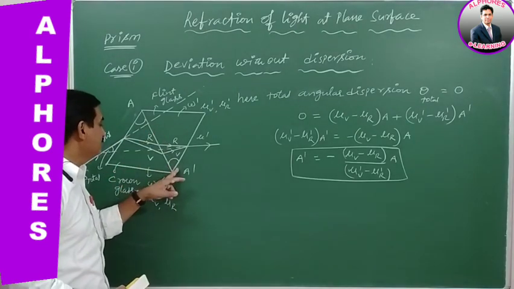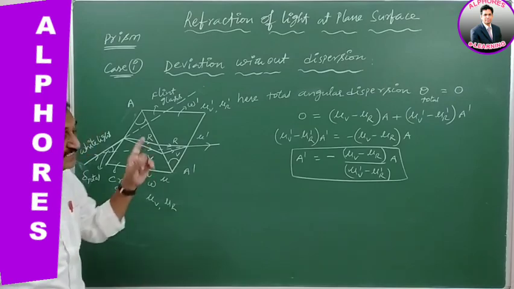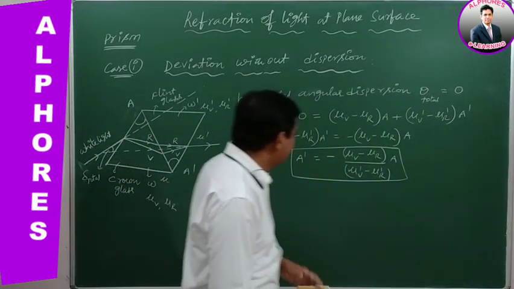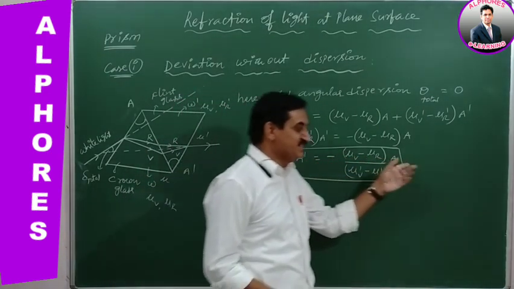The flint glass angle of prism A dash is calculated in terms of the angle of prism of crown glass, that A dash equals this one.